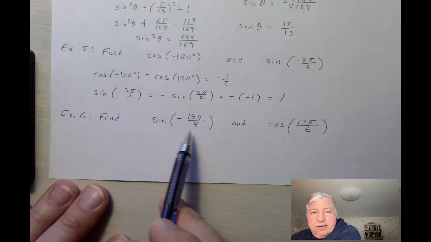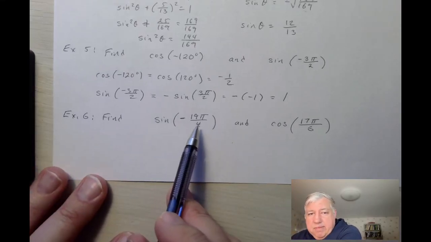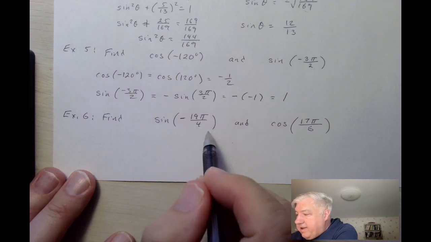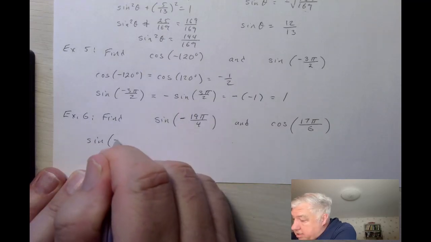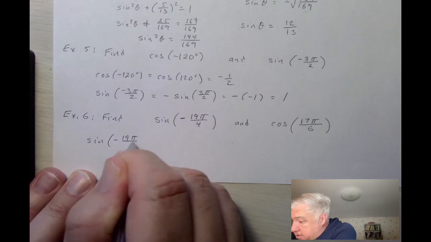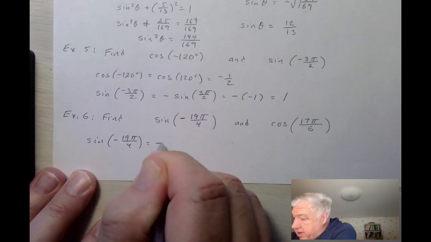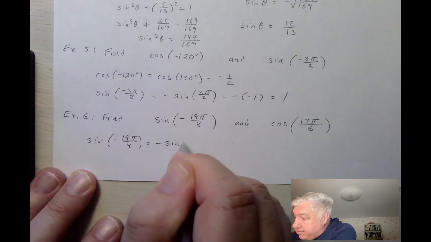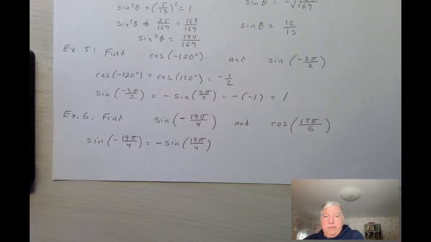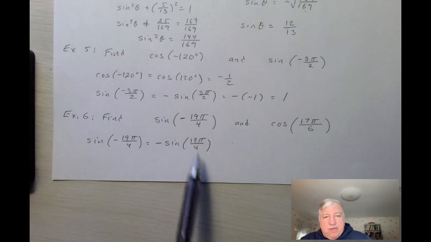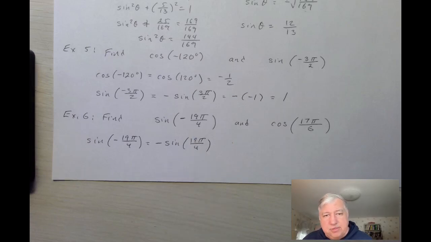The sine of negative 19 pi over 4. Pull the sign out. Let's see if we can write this as a multiple of 2 pi plus something else.